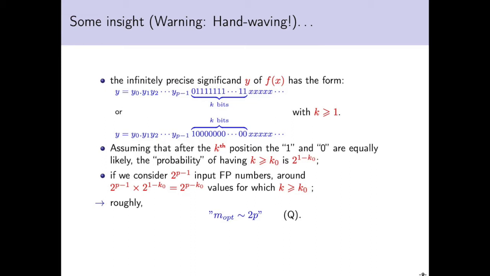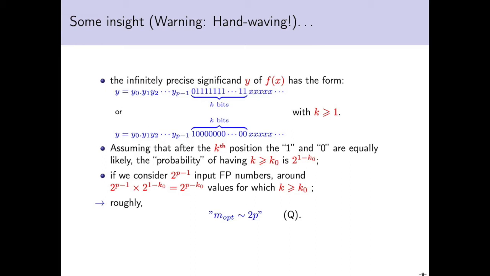Now, if you consider all the floating point numbers in your initial interval, it roughly tells you that the number of values for which k is larger than k0 is approximately 2 to the p minus k0. Okay? So, you see, you have p minus k0.